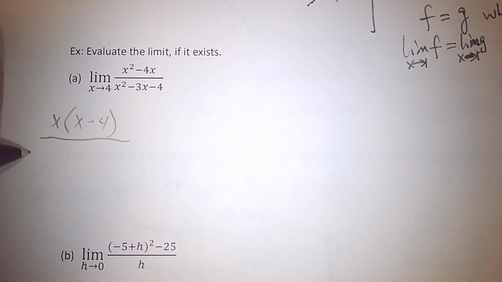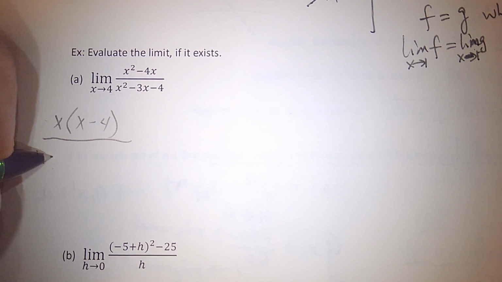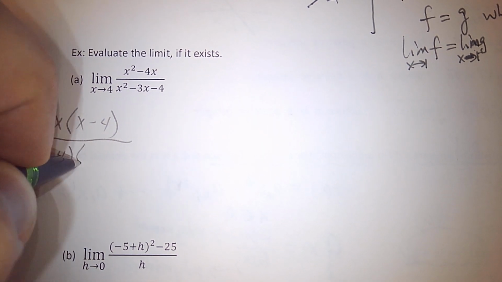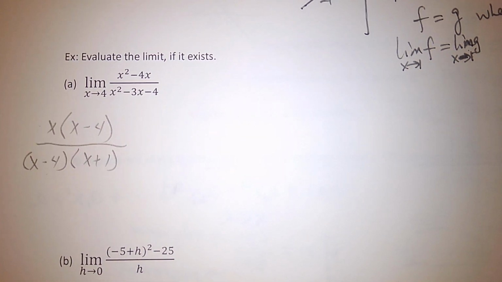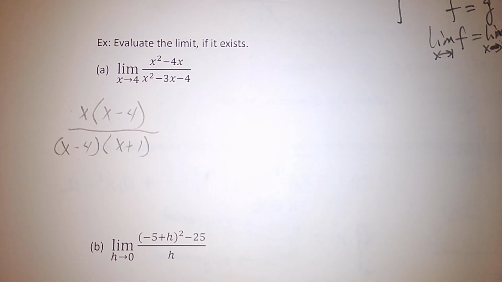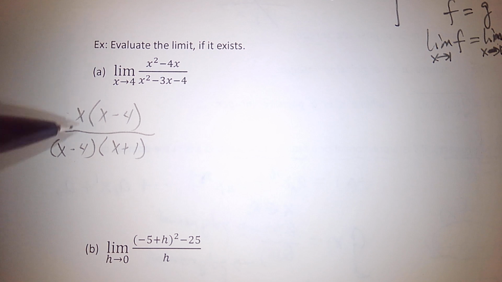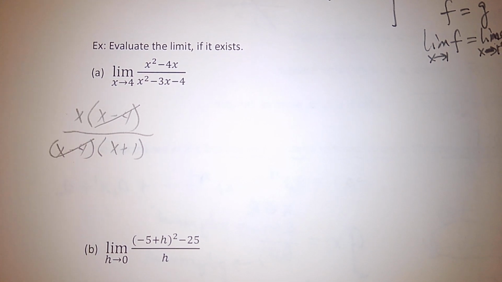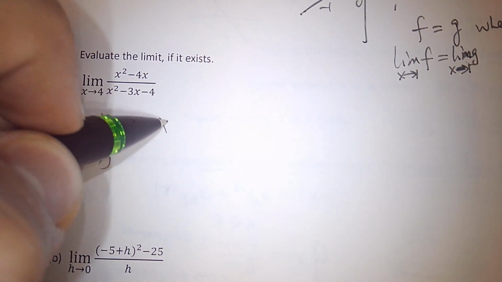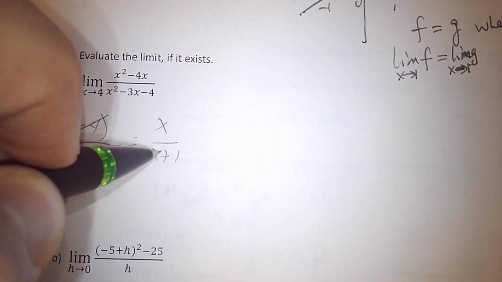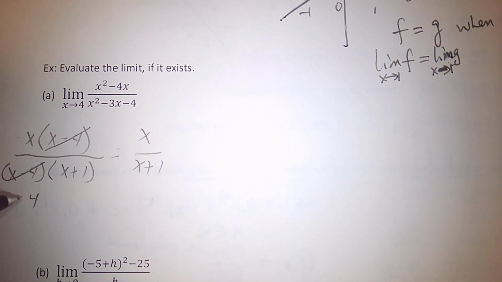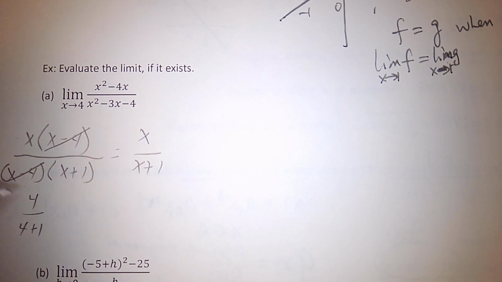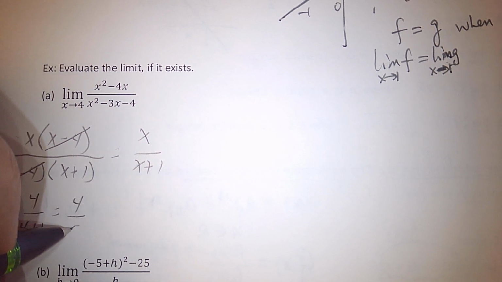So this is x minus 4 times x plus 1. Left-handed, you can't see. And then you can cancel that, and then you're just left with x over x plus 1. And then if you plug in 4, you get 4 over 4 plus 1, gives you 4 over 5.